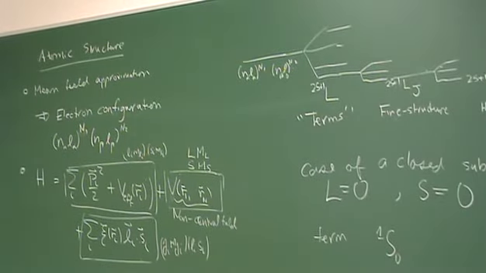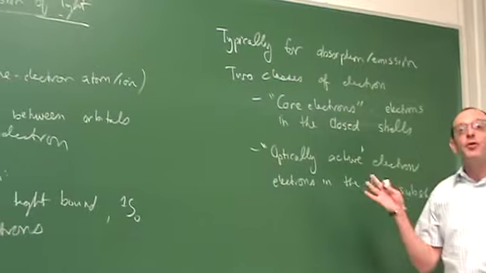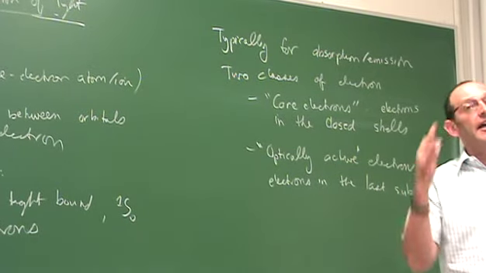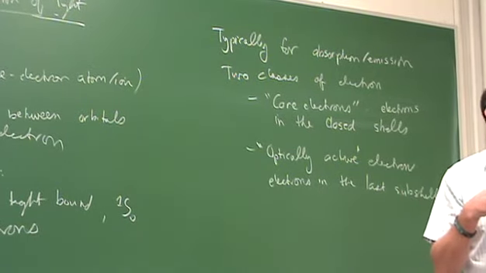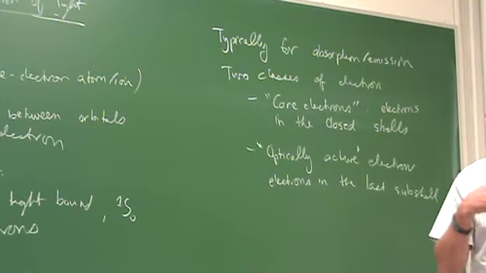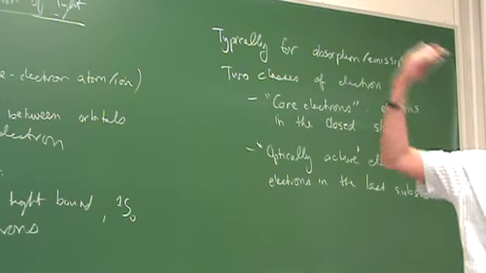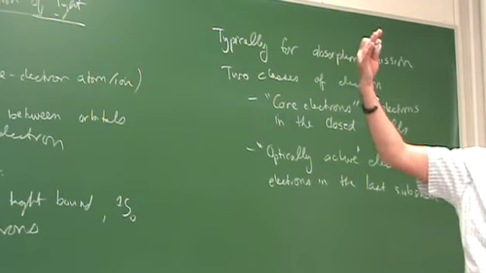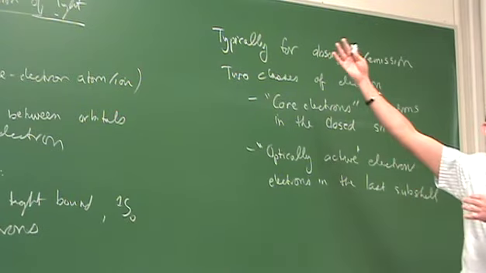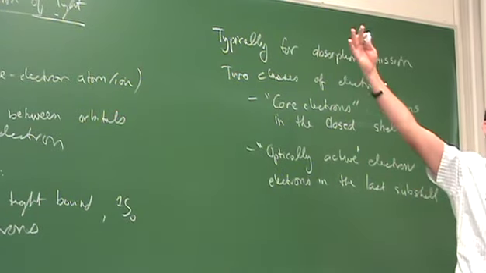Now, the situation is typically even a little simpler than this. Even if I have multiple electrons in the last subshell, typically the configurations that are excited and accessible are the ones where only one of those electrons is excited.